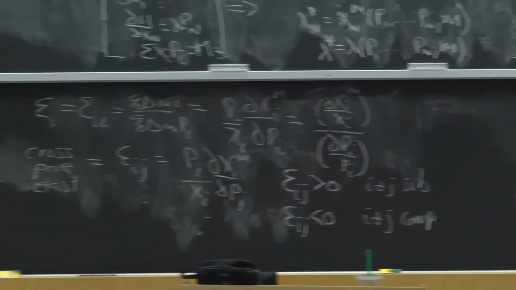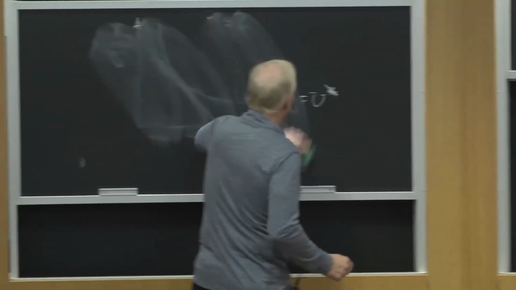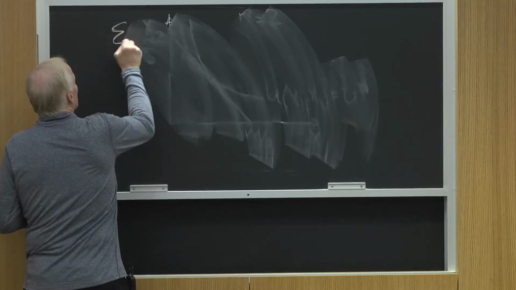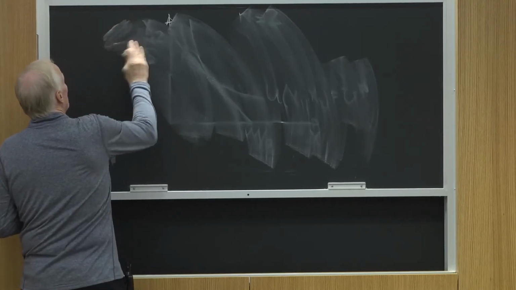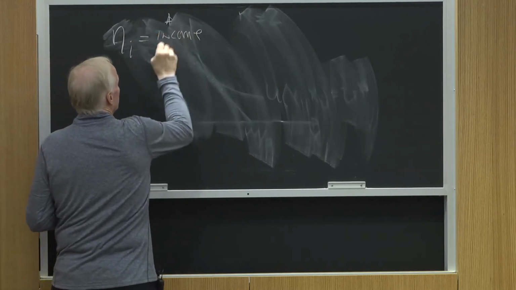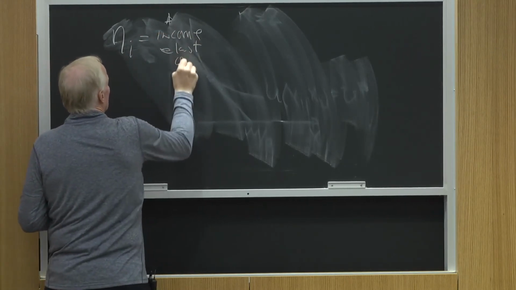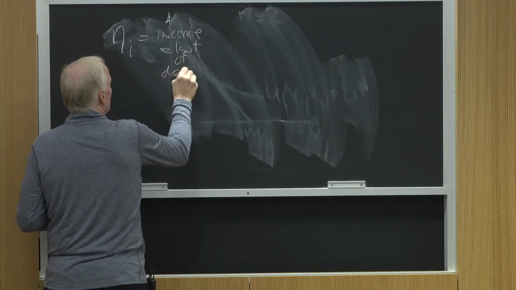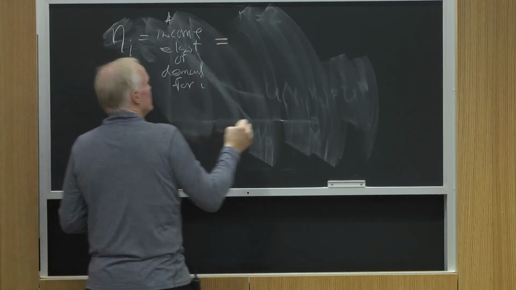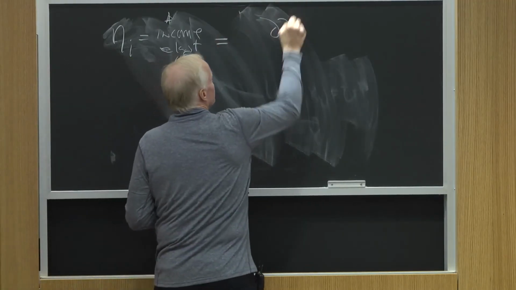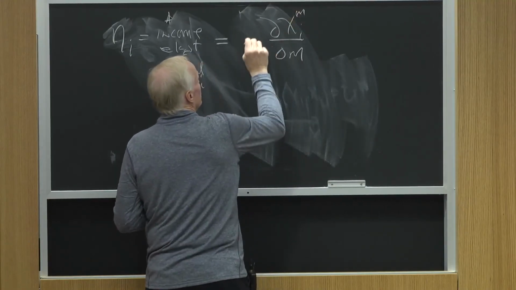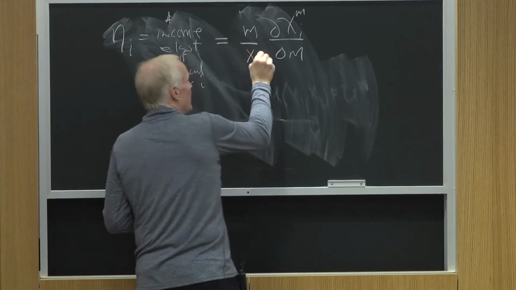There's one final set of elasticities you can talk about, which is epsilon, or I'll call it eta i, the income elasticity of demand for good i, which is partial x_i partial m times m over x_i.